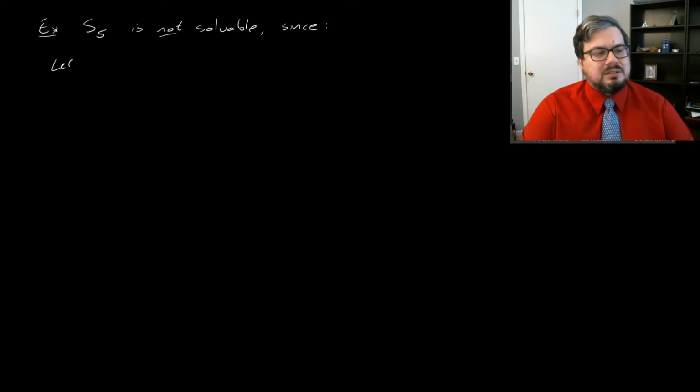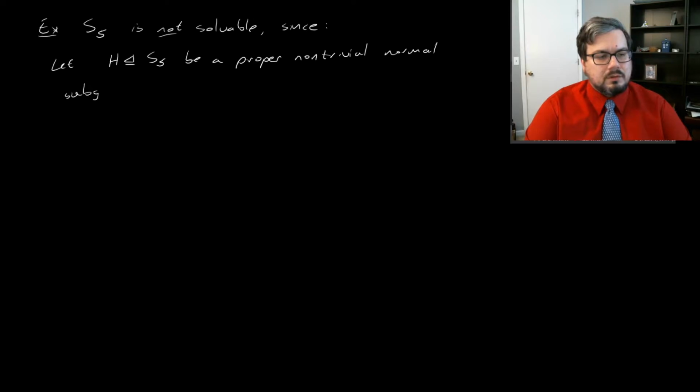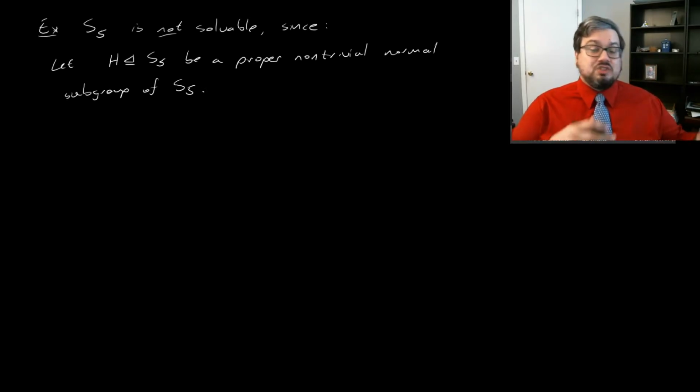First of all, let H be a proper, non-trivial normal subgroup of S5. So H doesn't just contain the identity permutation, but it's not all of S5, it's something in between.